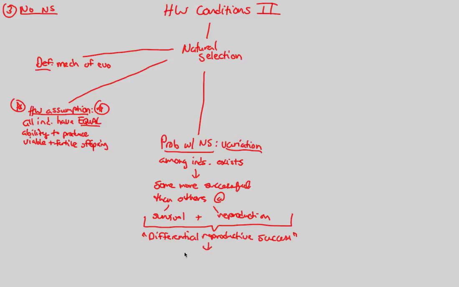Differential reproductive success is a direct influencer that, and we know this for a fact, alters allele frequency. It absolutely alters allele frequency in next generations. How do you know that? Well, that's because the individuals that have the allele frequencies that are non-favorable, the variations that are not good, the variations that do not promote survival and do not promote reproduction, will not be seen as much in the next generation. You have altered the allele frequency.